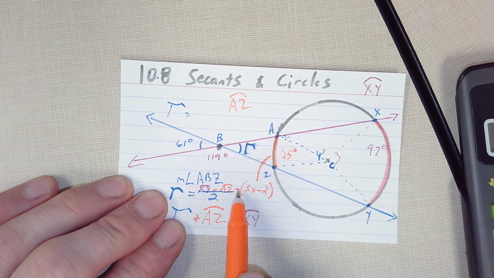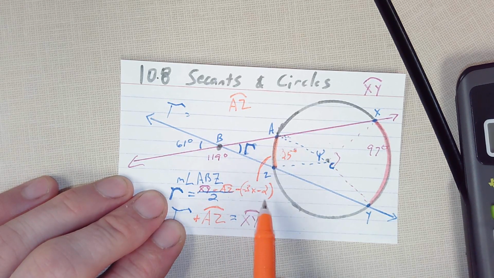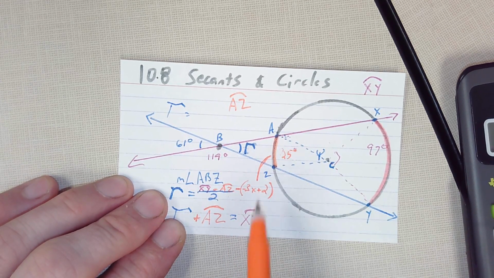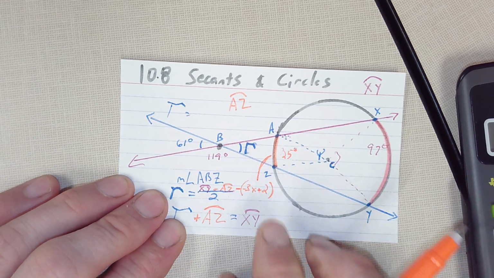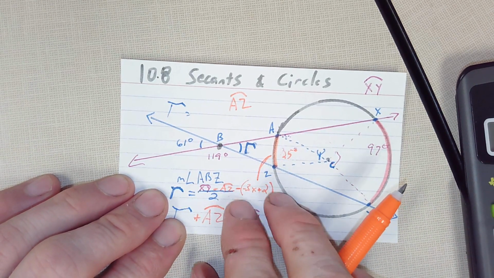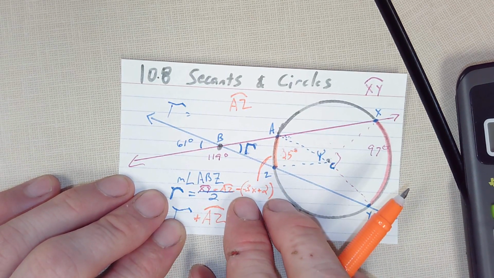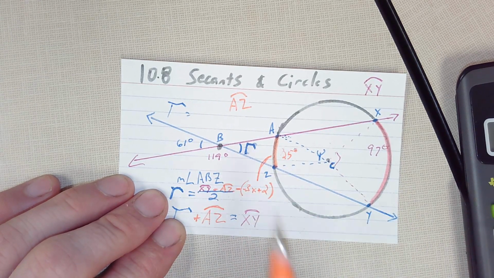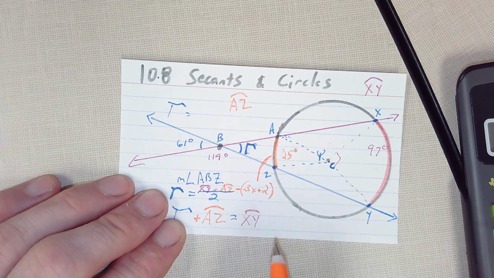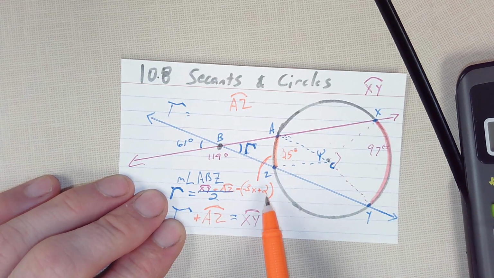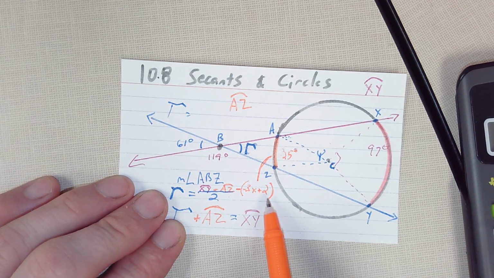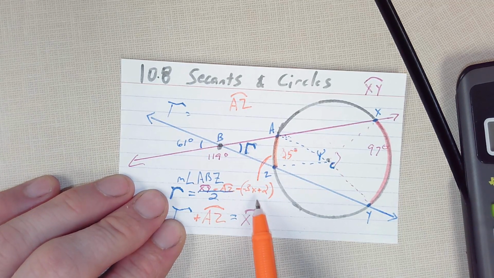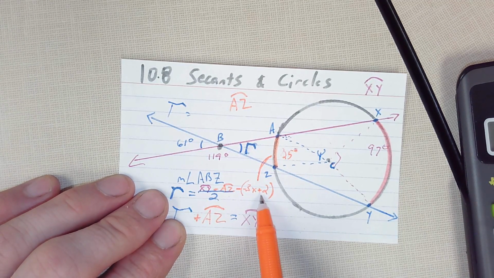That's going to make this negative, and then that would therefore make this positive when you dissolve that set of parentheses. That's a big mistake that a lot of people have the potential to make, and that'll change your answer when you're doing your algebraic gymnastics there. So don't forget to do that.